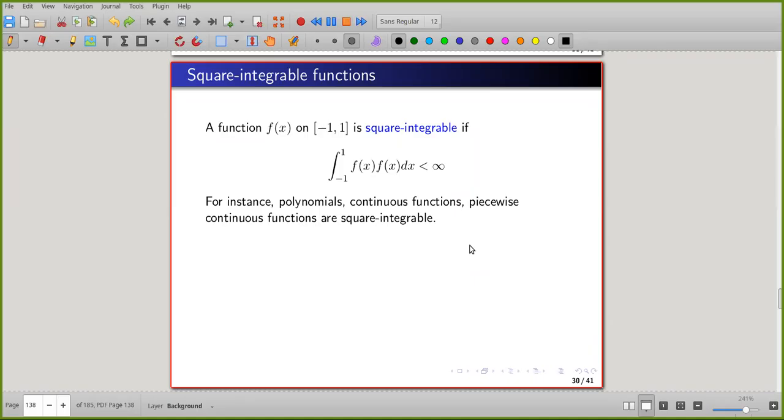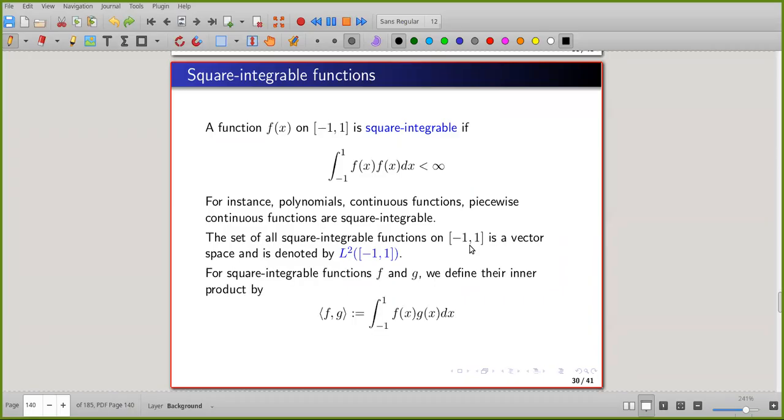Many functions that we see are square integrable, but many are also not square integrable on, let's say, the interval minus 1 to 1. The set of all square integrable functions on minus 1 comma 1 is a vector space and is denoted by L2(minus 1, 1). For square integrable functions f and g, we define their inner product by the integral from minus 1 to 1 of f(x) g(x) dx.